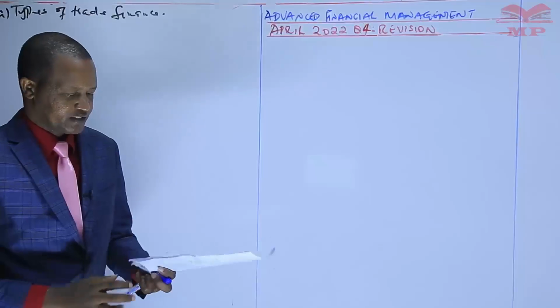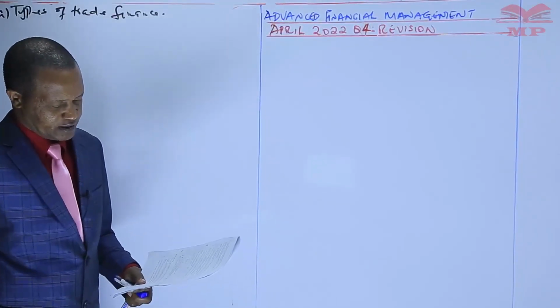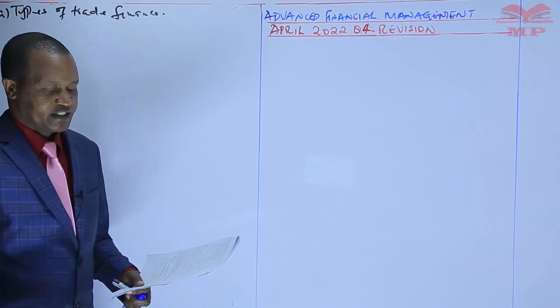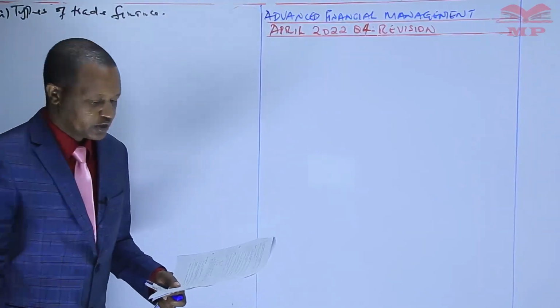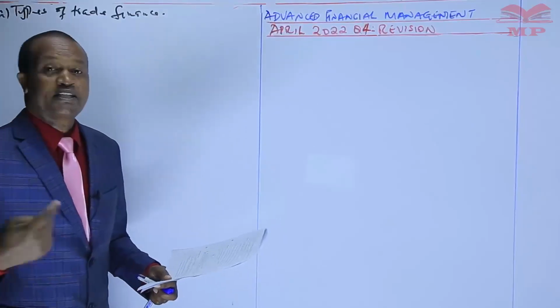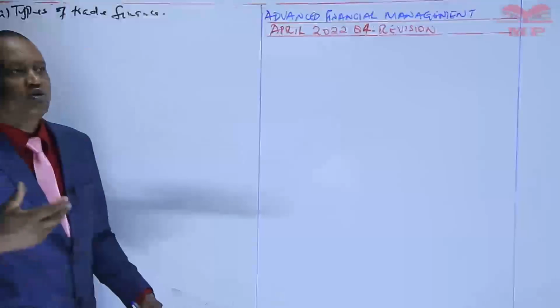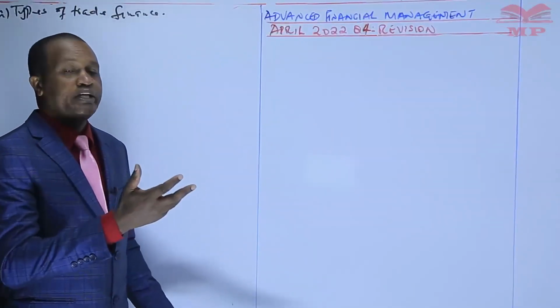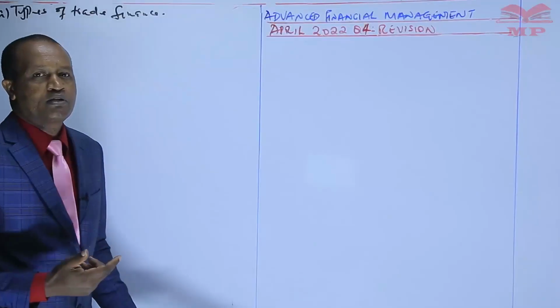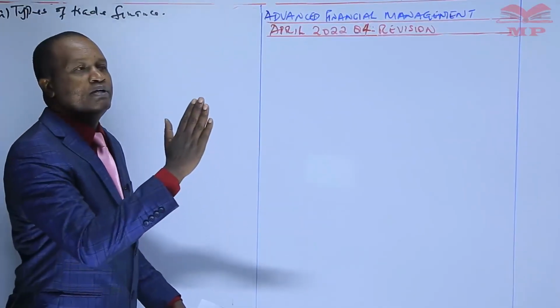Now, trade finance, as the question indicates, facilitates trading of goods and services both globally and domestically. It is a financing of goods and services in trade or in transactions, that is from a supplier through to the end buyer.